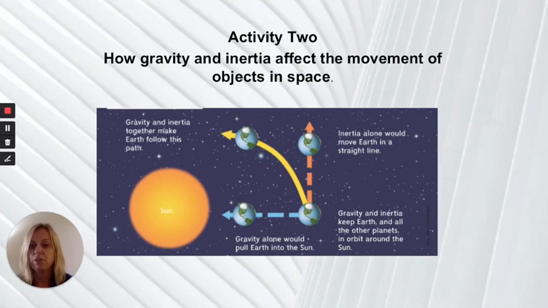Inertia holds it in that orbit along with the gravity, and it causes the Earth to follow this path. I want you to imagine what would happen if the solar system had no gravity holding the Earth or the other planets in their orbits.